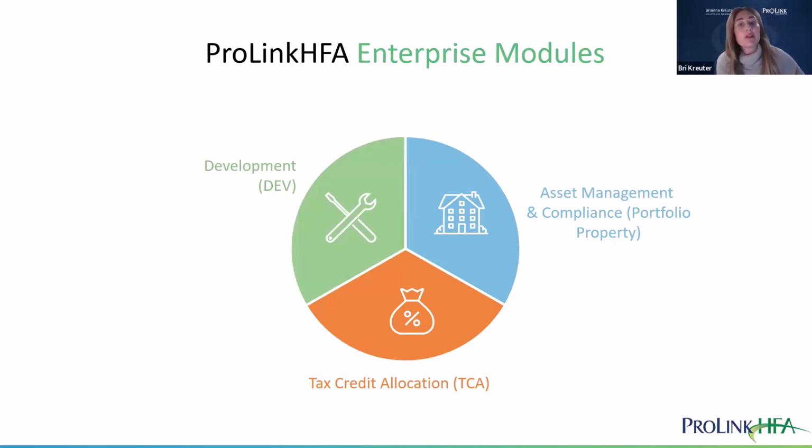Development handles deals that do not involve tax credits. Our TCA module, the tax credit allocation module, is for tax credits. That's the difference there. Towards the end of this year, going into fall, we'll start to cover more on our asset management and compliance module.